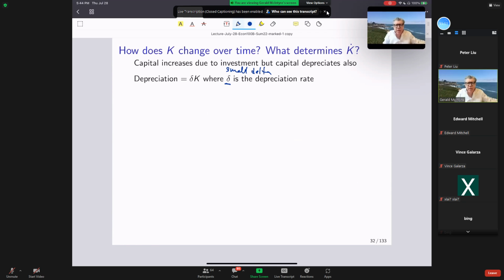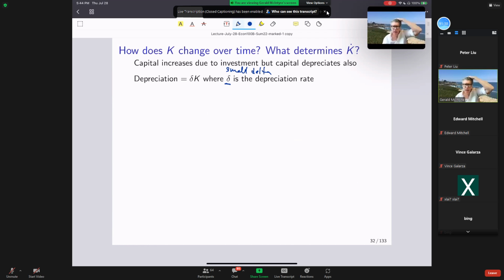After another year, 70%, and so on. At a 10% straight line depreciation rate, at the end of 10 years, it's gone. There's no capital left. Does that make sense? If the straight line depreciation rate, delta, is 10%, then 100% of the capital stock will be gone in 10 years. Let me just do another exercise.